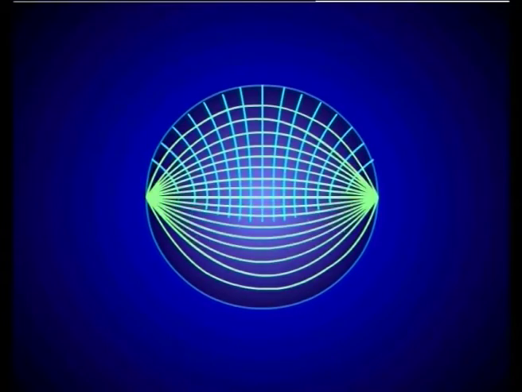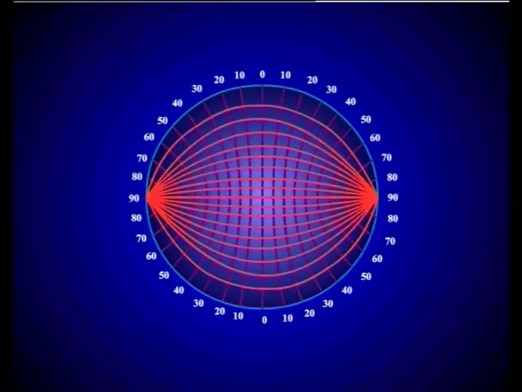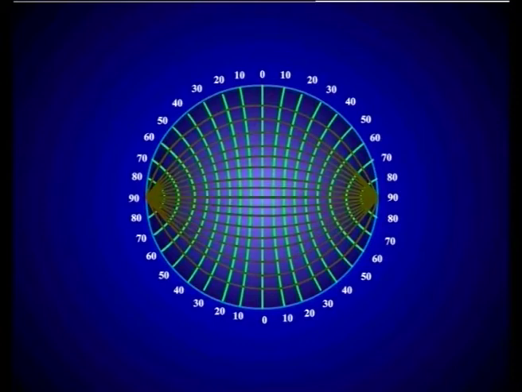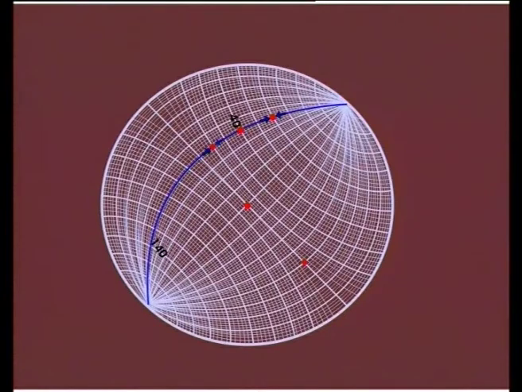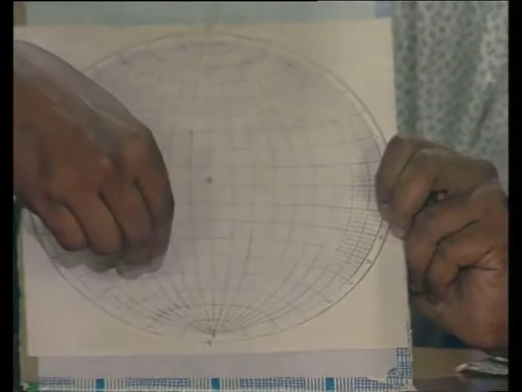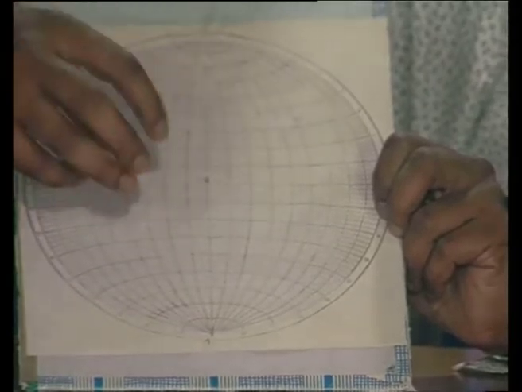We have discussed in detail the first type of azimuthal projection used, the stereographic projection, the basic principles of stereographic projection, and how to obtain the stereographic projection of lines, planes, how to obtain the orientation of line of intersection between planes, how to obtain the interlimb angle of a fold. These have all been discussed in this episode.